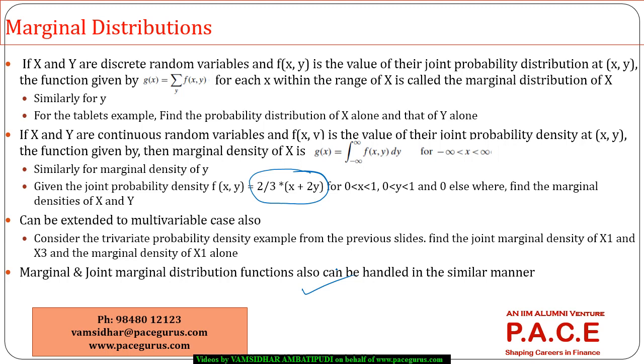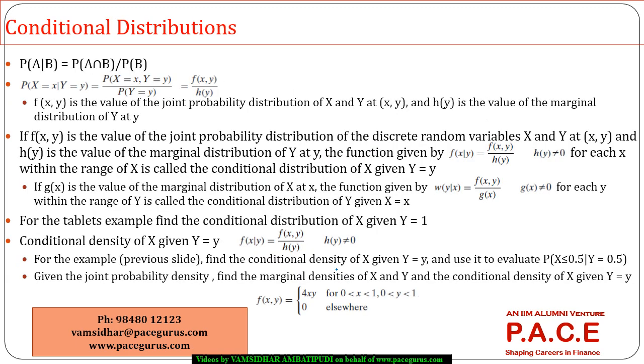Once we are done with the marginal distributions, our focus moves on to the next aspect, which is the conditional distribution. We have seen in conditional probability that the probability of A given B is the probability of A intersection B divided by the probability of B. The same logic I am applying to random variables.